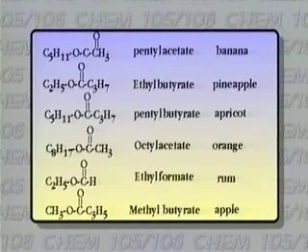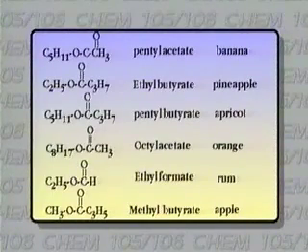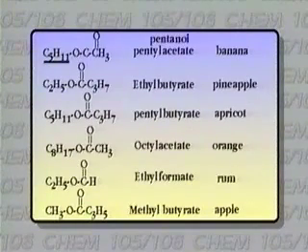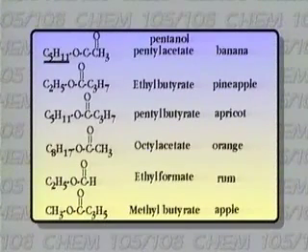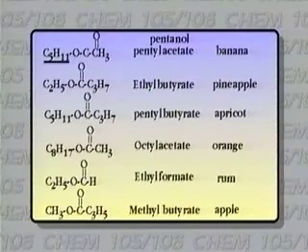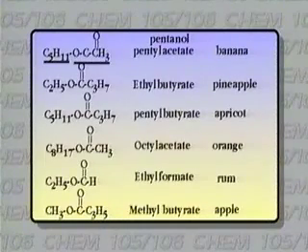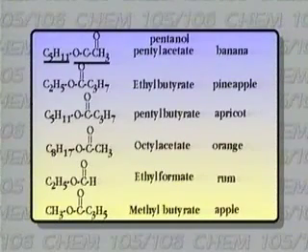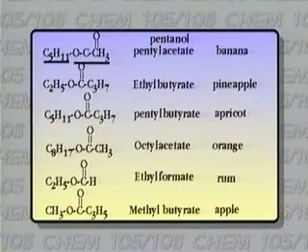Now the first part of the name here is the alcohol. So we see C5H11, that is really pentanol, in other words the 5 carbon alcohol. From the 5 carbon alcohol we took off an OH, and then we've got this group right here, which is the acid, and we lost a hydrogen from it. The common name for the 2-carbon acid is acetic acid.